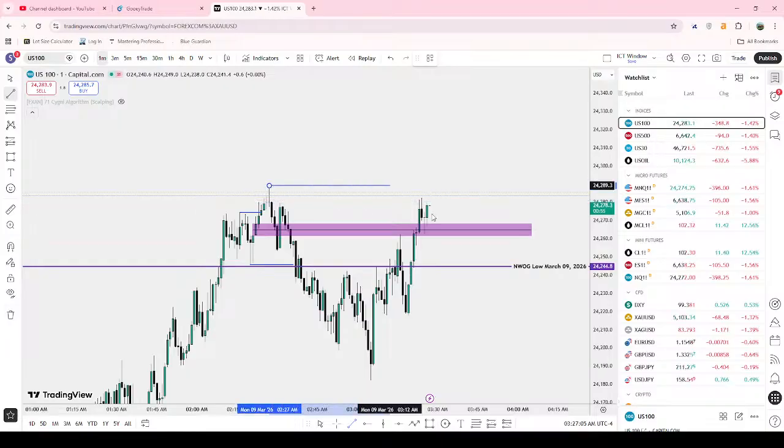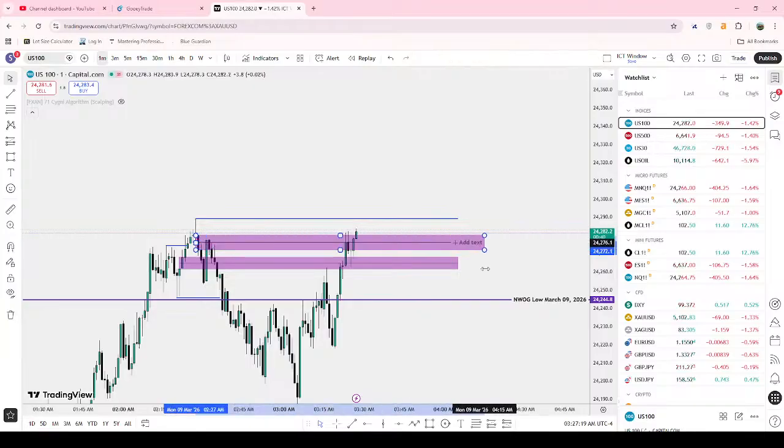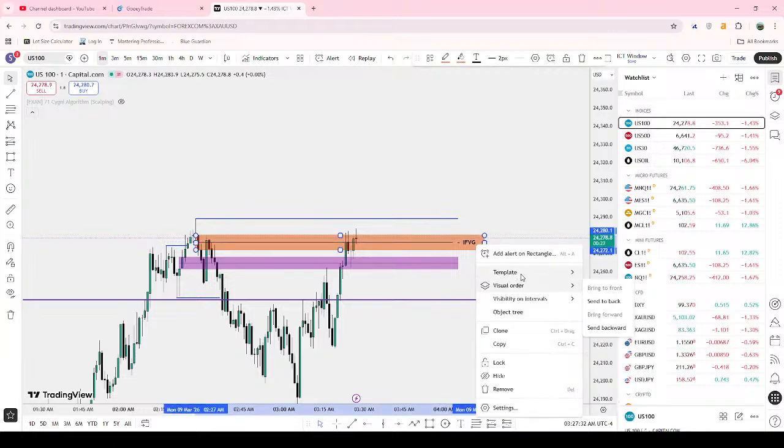We will look for the market to close above these highs. Once the market has closed above this high, we will be looking for this inversion fair value gap, reclaimed fair value gap, and take our entry to the long side.